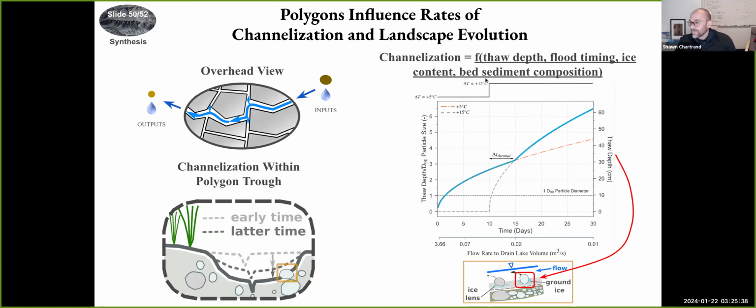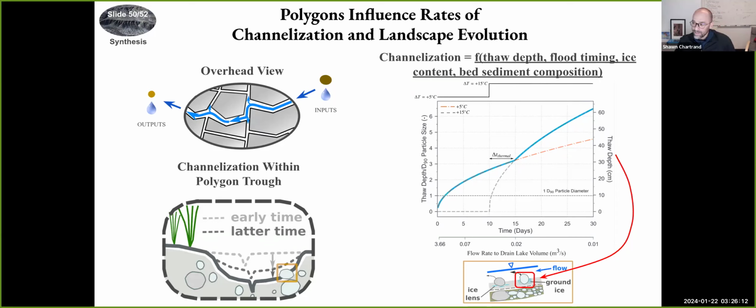However, if we kick that up with a 15-degree event, we can start to thaw sediments under the bed to even greater depths at more rapid rates. And the key thing to take away here is that the sequence and the magnitude of these different thermal events, these air temperatures above the bed, is going to dictate how and if we can erode these evolving channel networks seasonally.